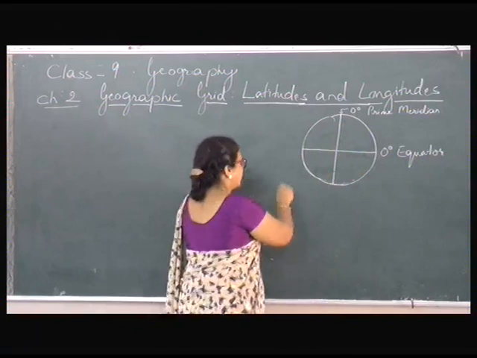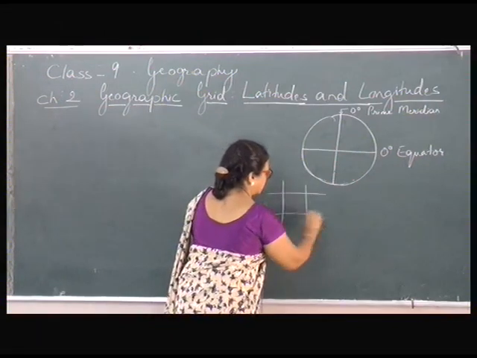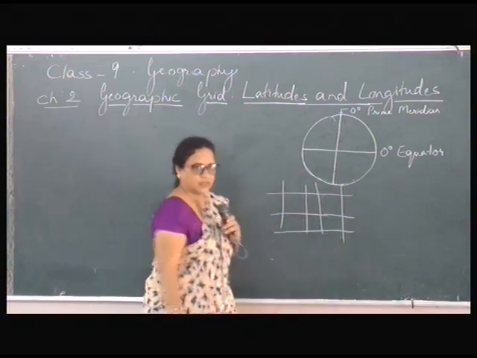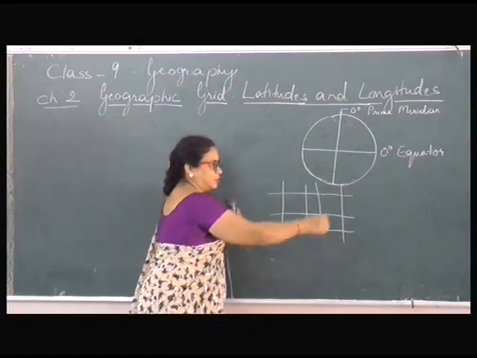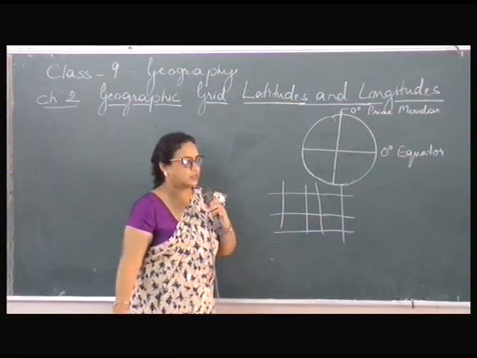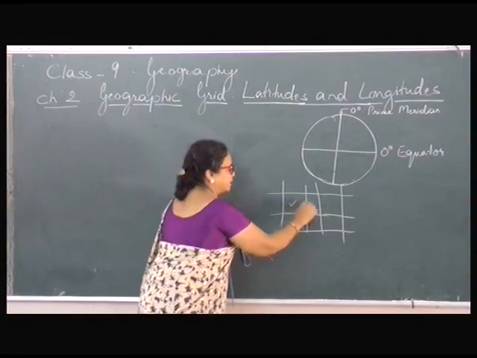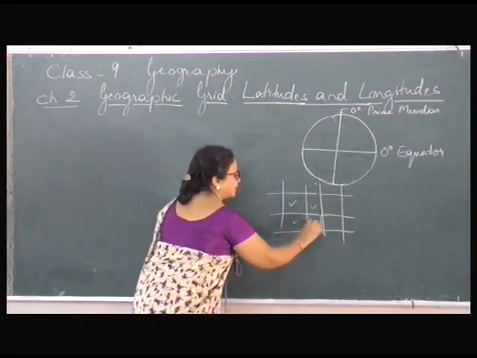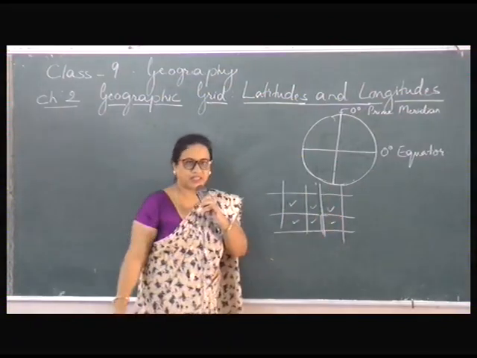Now, where these latitudes and longitudes crisscross each other, like this, the vertical and the horizontal lines where they crisscross, we get grids. These small squares, they are grids.